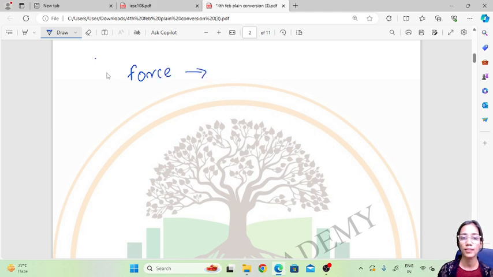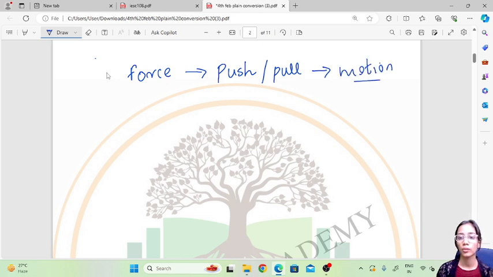Force, in simple definition, is a push or a pull which gets the object in motion. This is how the objects move when there is a push or a pull.